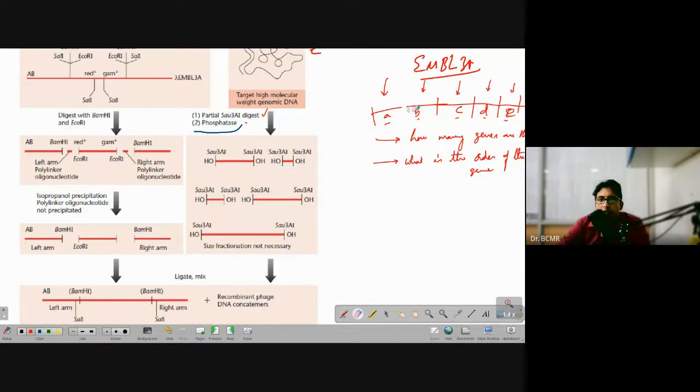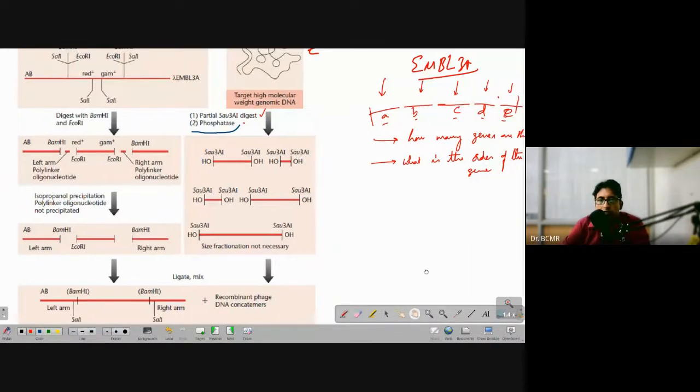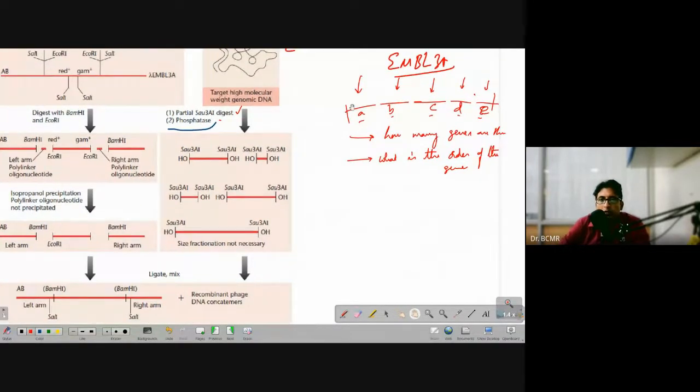Say, for example, we have digested with Sau3A, so it is cut into several pieces like this, and now we have several clones. The next step after digestion would be to add ligase along with the vector. Assume this is the vector.